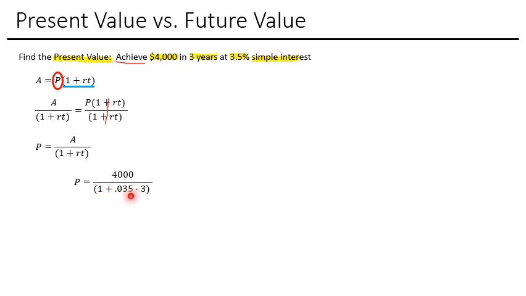I'll perform the operation in parentheses, and then divide 4,000 by 1.105, and it tells me that in order to achieve $4,000 in 3 years at 3.5% simple interest, I need to invest this much money right now: $3,619.91. All right, you've got some problems that are like this.